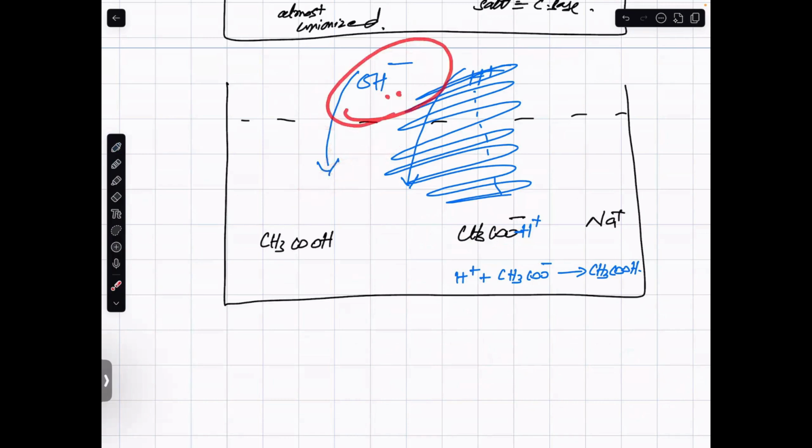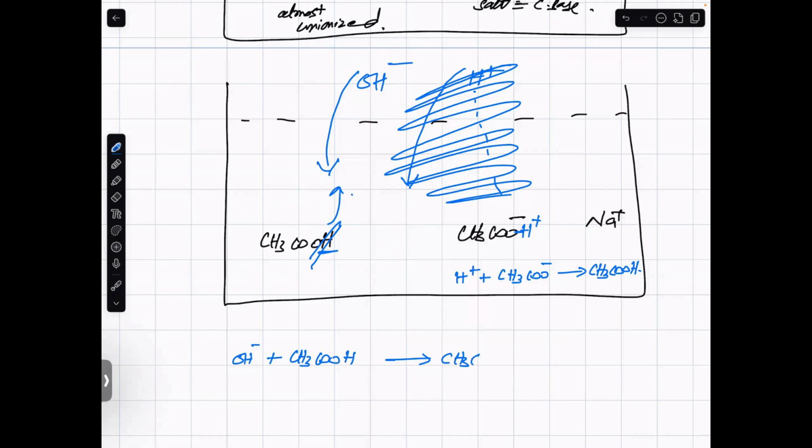But this OH is not allowed by weak acid, right? This weak acid will lose H plus, neutralized, making water this way. CH3COO negative and H2O. Right? Look.